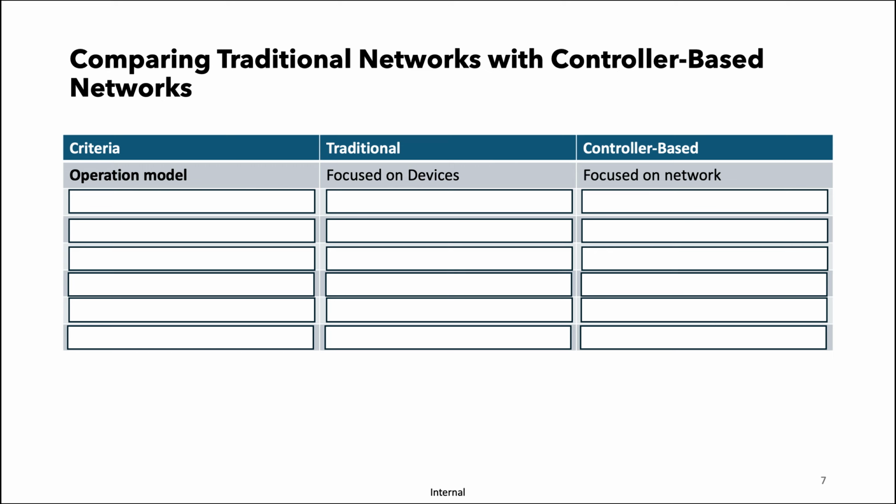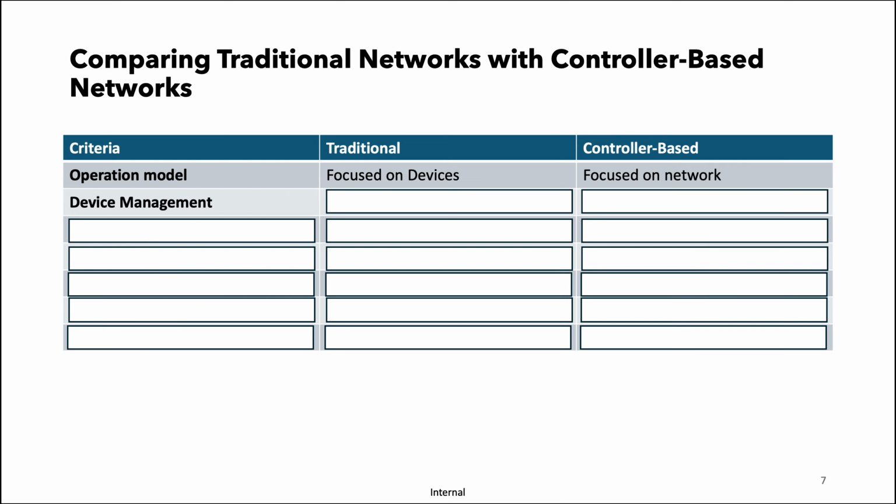So the controller acts as a single point of management for the entire network, providing a unified view of the network and enabling centralized control and configuration of network devices. It uses new and improved operational models that allow the configuration of the network rather than per device configuration in traditional architecture.